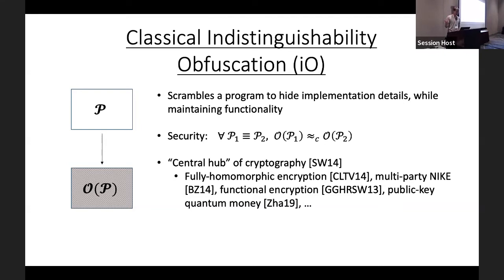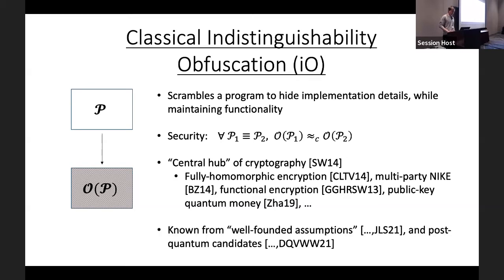Okay, so again, over the past about 10 years now, there's been a huge amount of work studying the many various applications of this notion of indistinguishability obfuscation. And at the same time, the last decade has also seen a huge amount of work on constructing this notion. Starting about 10 years ago, we had the first candidate constructions of obfuscation for classical circuits.